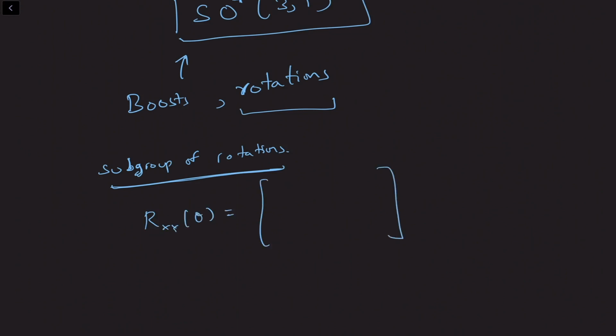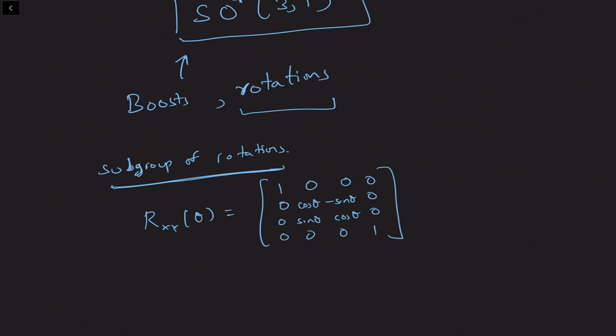There is some kind of transformation matrix here. Let me just write it down. So this is a rotation in the xy plane, and it would look like this. So this is a rotation in the xy plane by an angle theta.